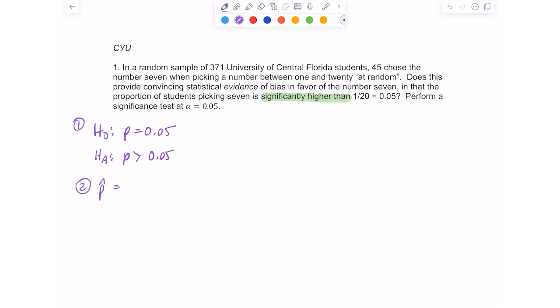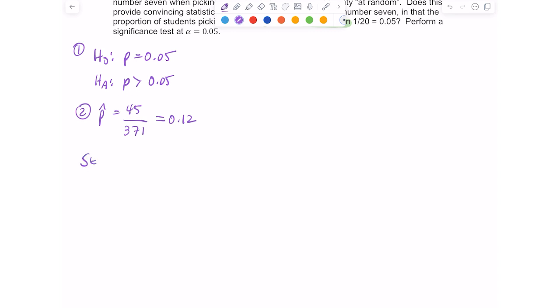So here I'm looking for my sample proportion, which is 45 divided by 371, which gives me 0.12. And then to find the standard error, that's just going to be the square root of p times 1 minus p over n, and you should get 0.011.